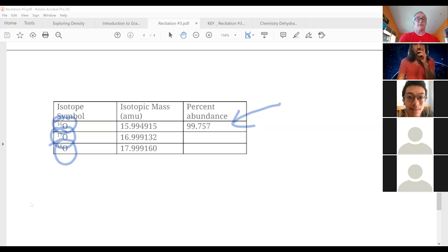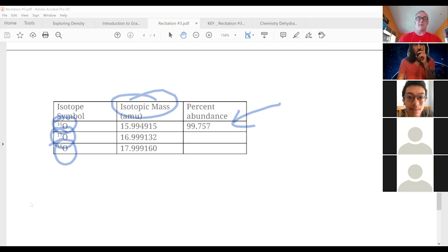When we're dealing with isotopes, we say that they have a precise number of protons and a precise number of neutrons. But when we look at a whole mixture of elements that has all the mixture of isotopes, they don't all have the same number. Some of them have more neutrons, some of them have less. And so this is the average mass.